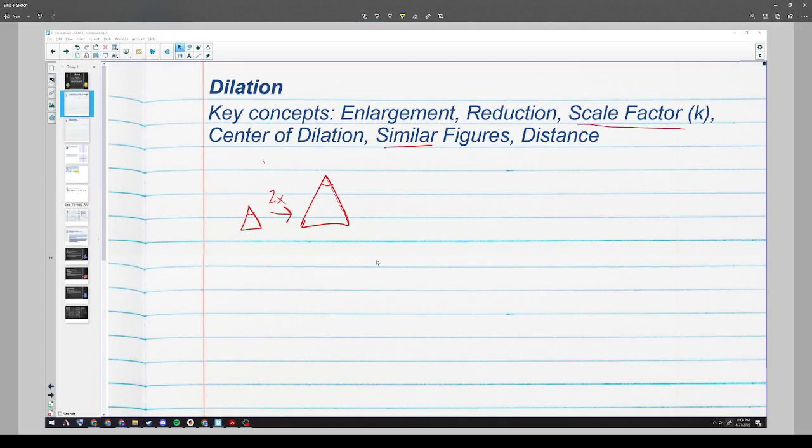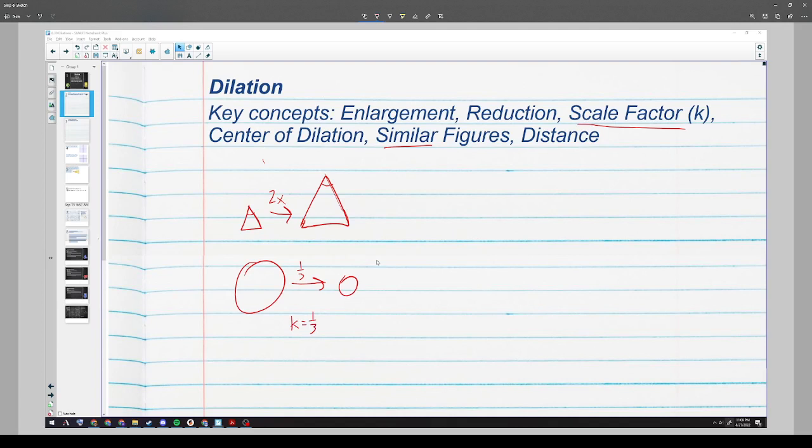Scale factor is something you learned about before, where the amount that we scale up or down we call k. So if I take a shape and I make it 1/3 the size, then we say k equals 1/3. So that scale factor k is the ratio or the proportion that those sides have.